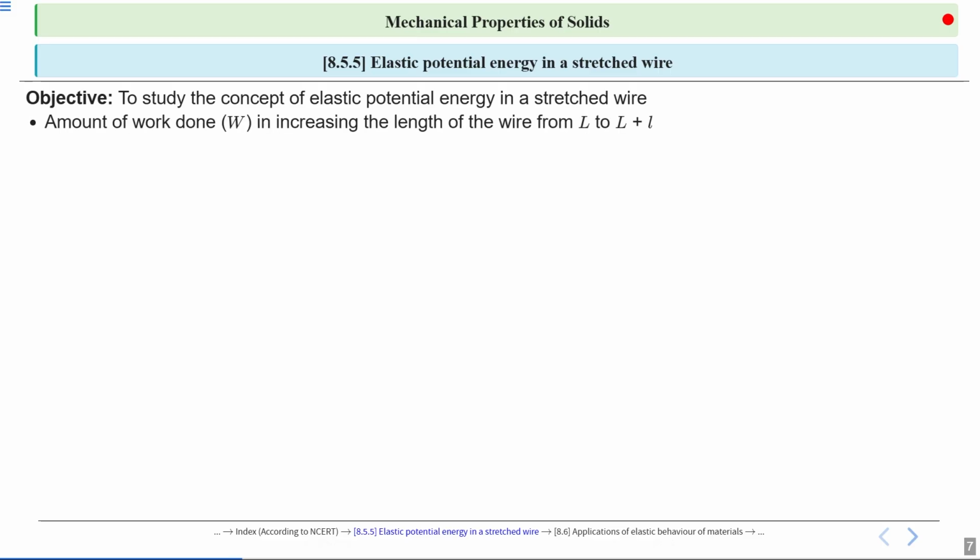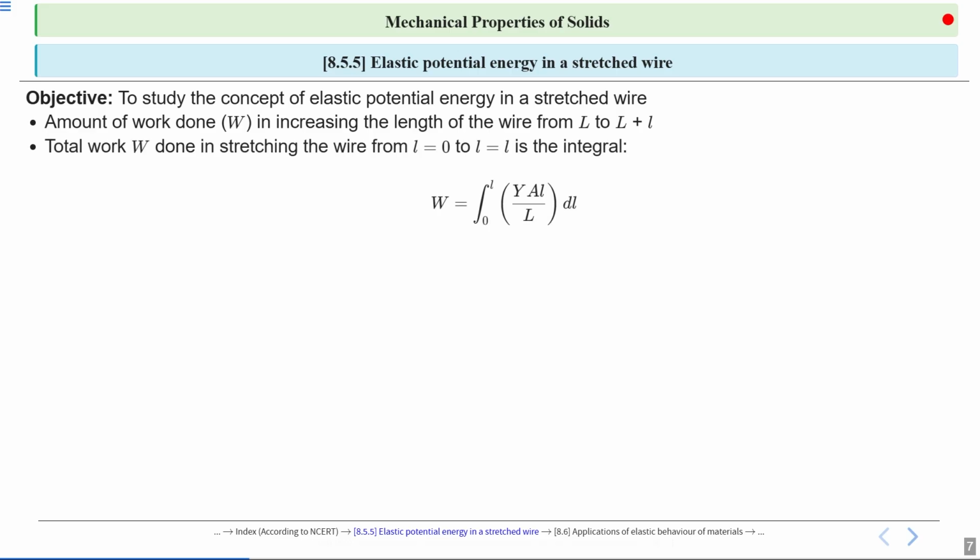So the amount of work done W in increasing the length of the wire from capital L to capital L plus small l. So total work done in stretching the wire from no extension, so we can say l equal to 0 to l equal to l. We use an integral. The formula here is W equal to integration 0 to l of YAl divided by L into dl.